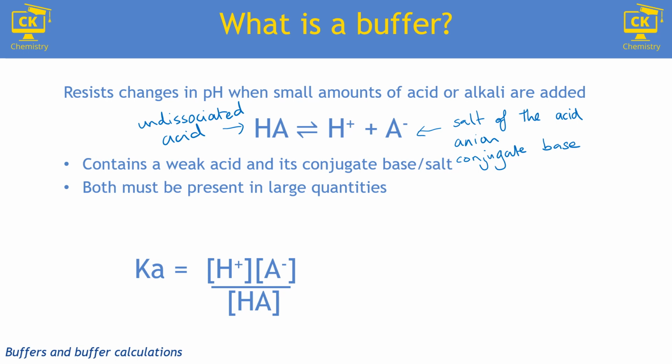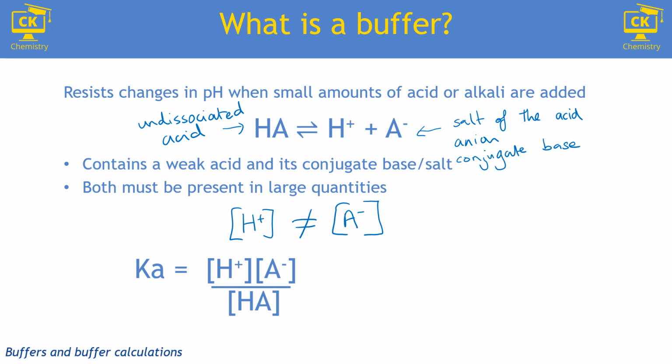That's because if you have a weak acid on its own, we make the approximation that the H+ in solution only comes from dissociation of the acid, and therefore we haven't added any salt, so we haven't added any of that A-, so they're equal. That is not the case here, so we do need to be really careful with our calculations: H+ does not equal A- because I have added extra A-.